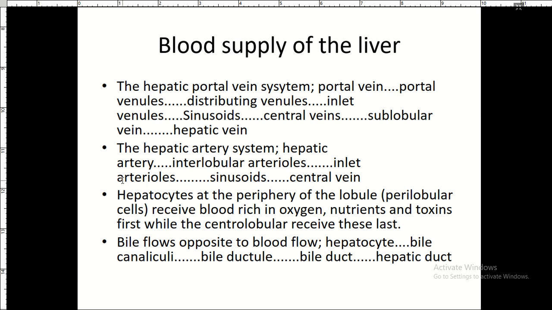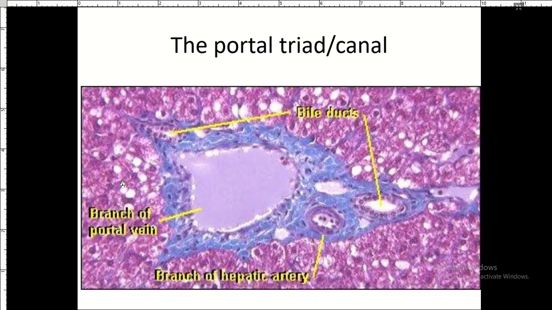Right. Now let's take a look here. We also have cells that are surrounding the central vein. So this is your central vein, and you have cells surrounding it. These are central lobular hepatocytes. These have low oxygen content, right?